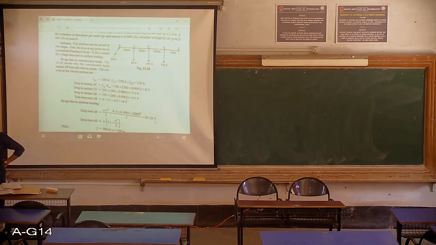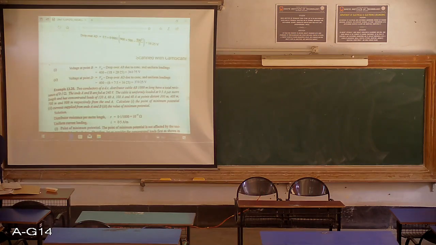You will get 20.25. The drop over AD will be IR into (Lx minus x square) by 2. It is just the previous derivation we saw. So you substitute the length as 900 meters.